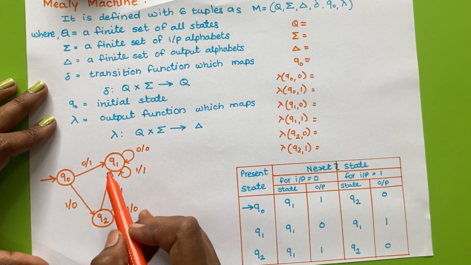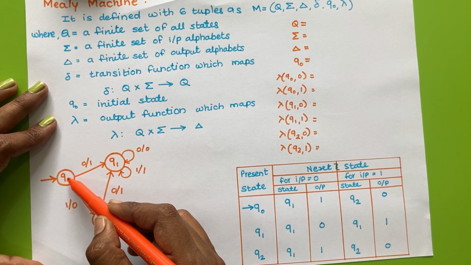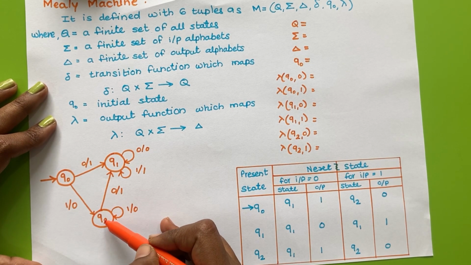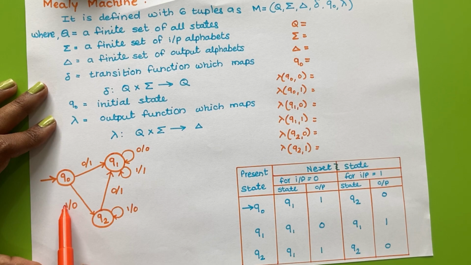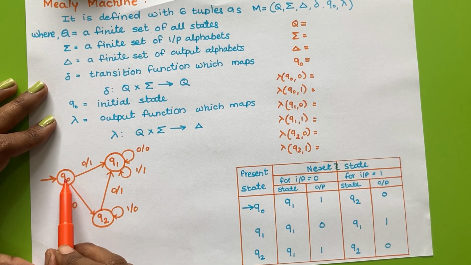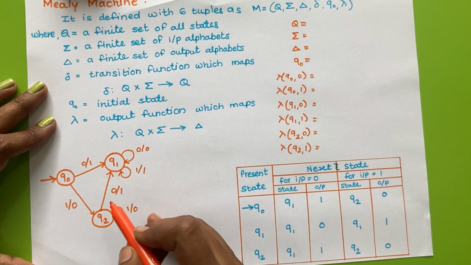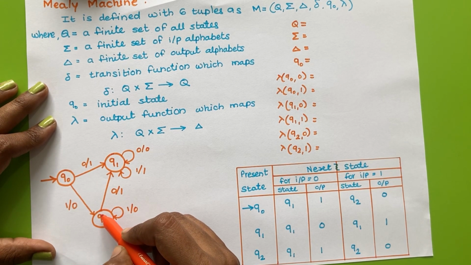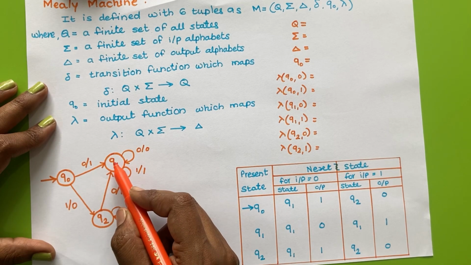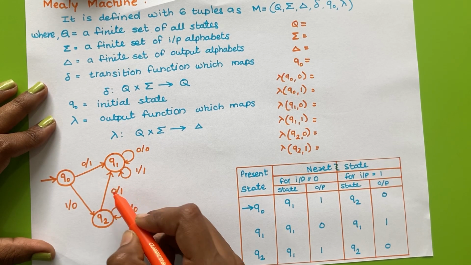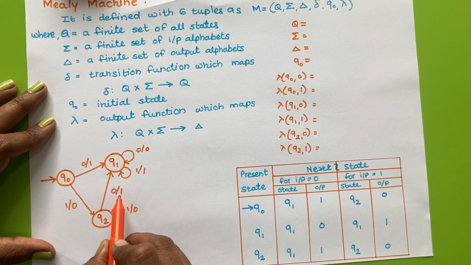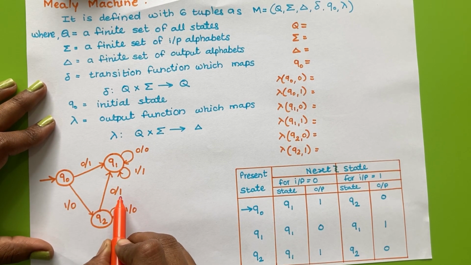Again, if we move from Q0 to Q2 by taking input 1, then 1 will be replaced by 0. Again the same thing here: we are moving from Q2 to Q1 by taking input 0 and this 0 will get replaced with 1.